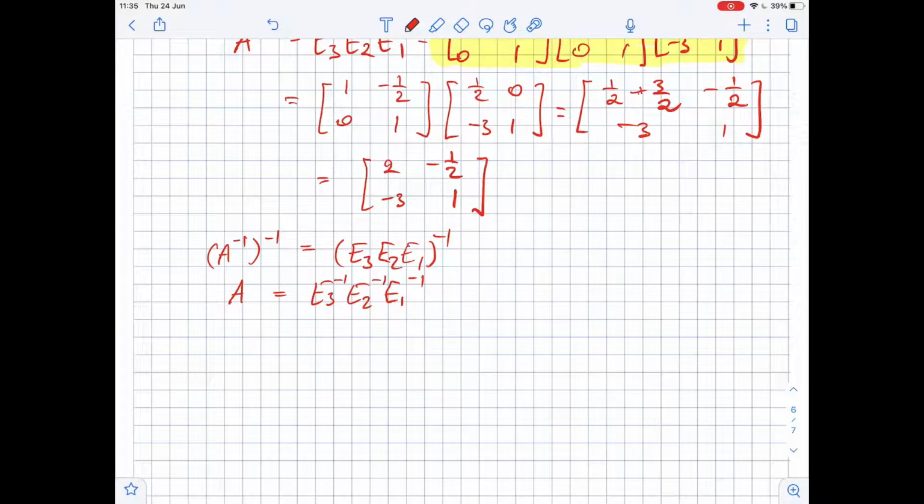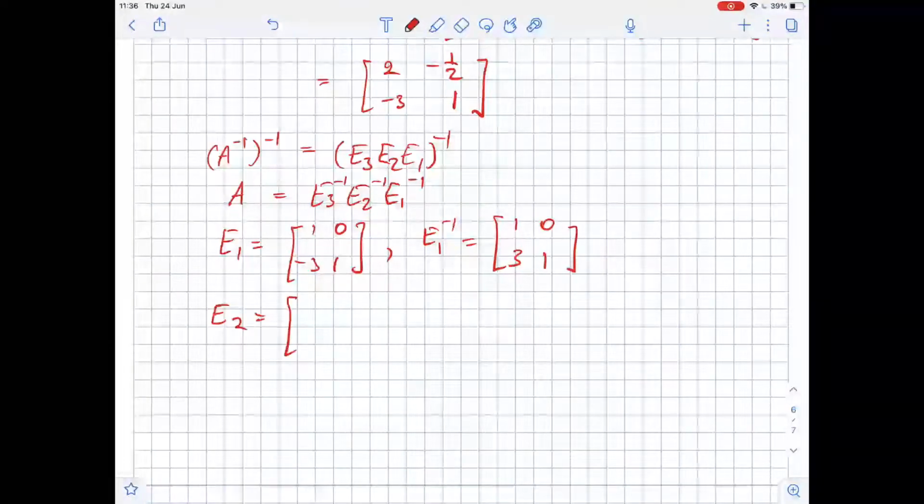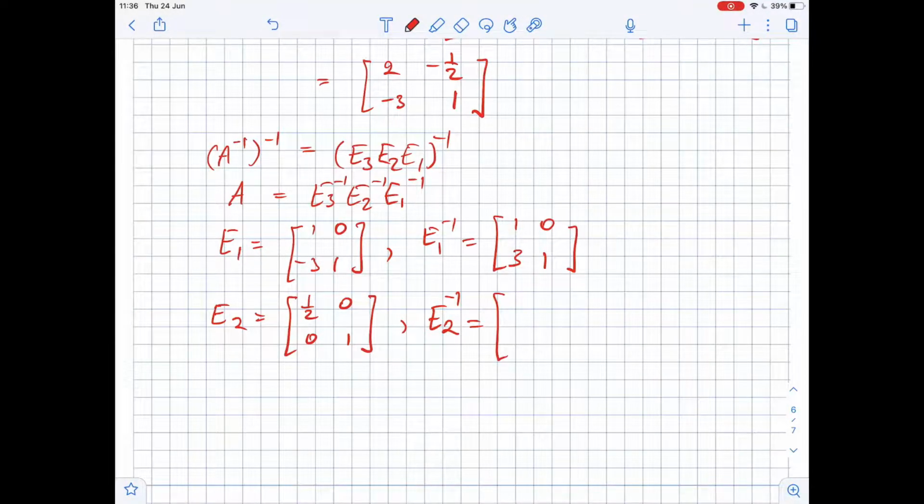In that case, if E1 equals 1 0 negative 3 1, then E1 inverse equals, the determinant is 1, so it will be 1 0 3 1. Then if E2 equals 1 over 2 0 0 1, then the inverse of E2 equals, the determinant is 1 over 2, so here we have 2, and 0 1 0 0 1 over 2.